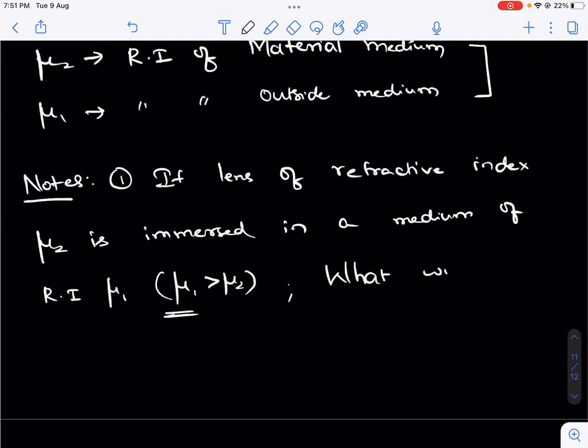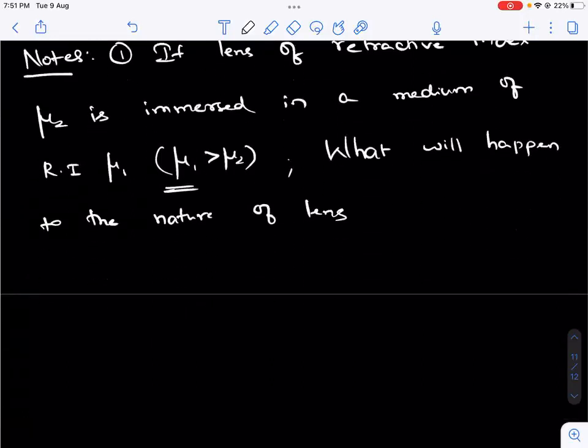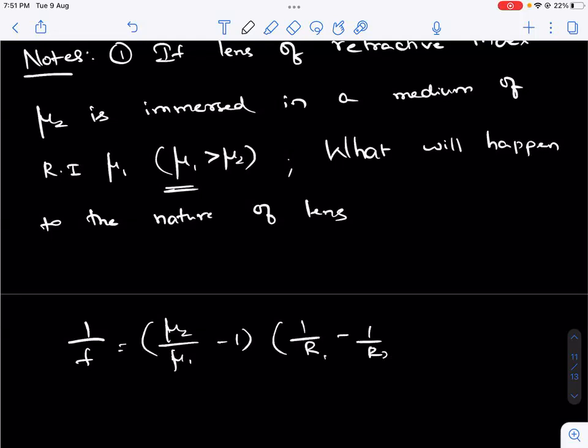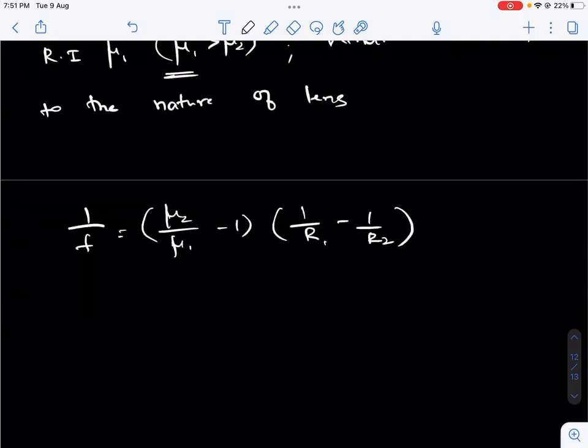then the question is, what will happen to the nature of the lens? Check and see. So 1 by f is equal to mu2 by mu1 minus 1 into 1 by r1 minus 1 by r2.